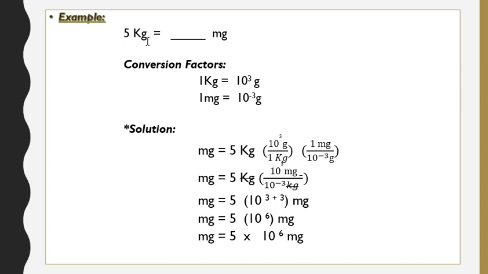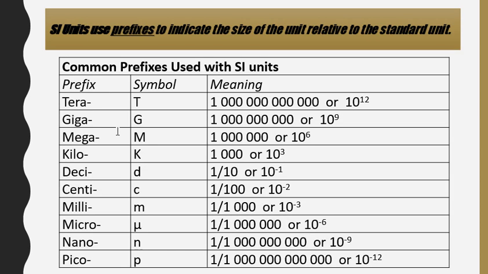Since the units involved are kilogram and milligram, we look for the equivalent of kilogram and milligram in the table. We have the kilogram and the milligram. The kilo is 1,000, or it can be written as 10 to the power of 3. For the milli, we have 10 to the power of negative 3.